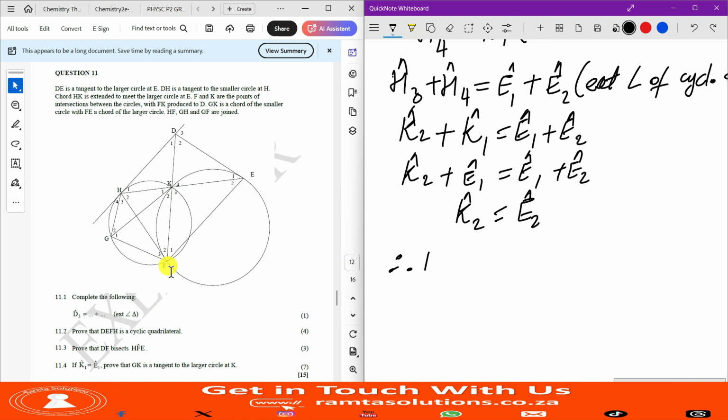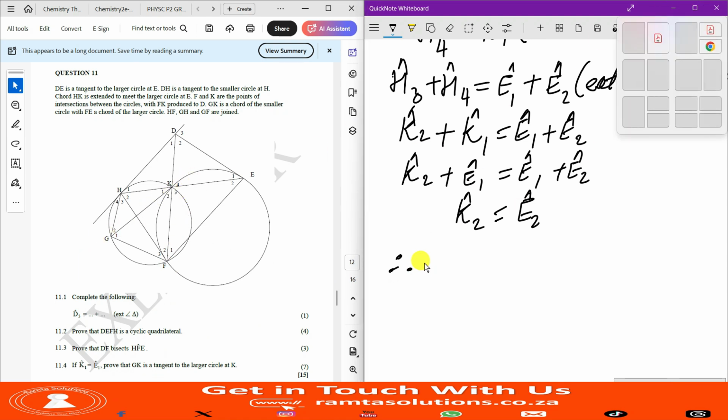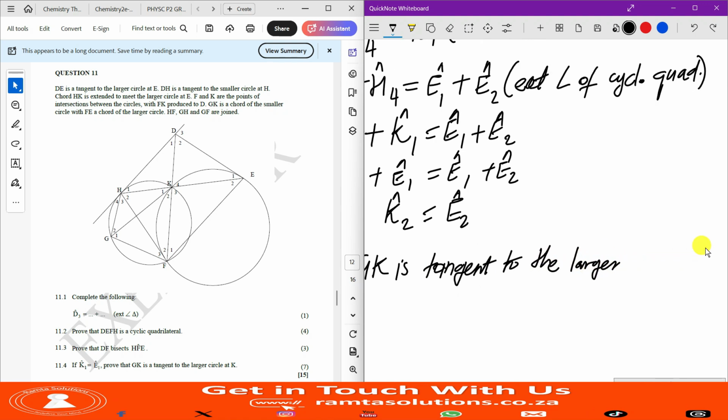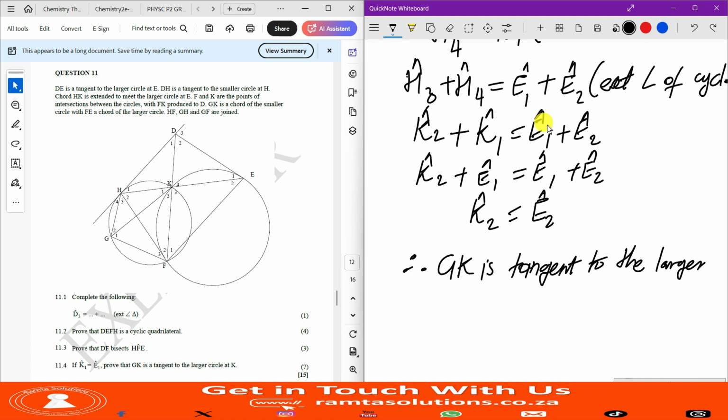So therefore, we can say GK. Here it is. So GK is tangent. GK is tangent to the larger circle at K. Why?